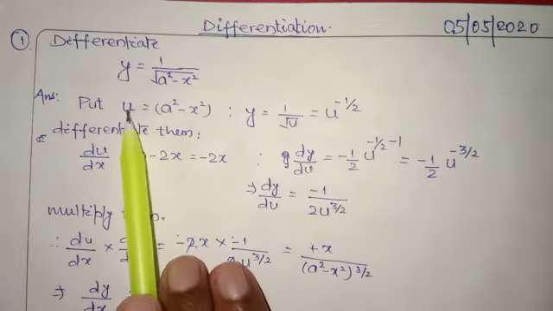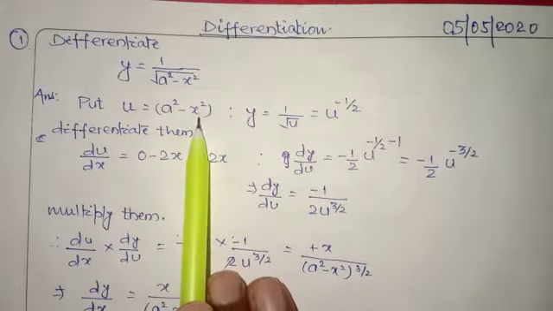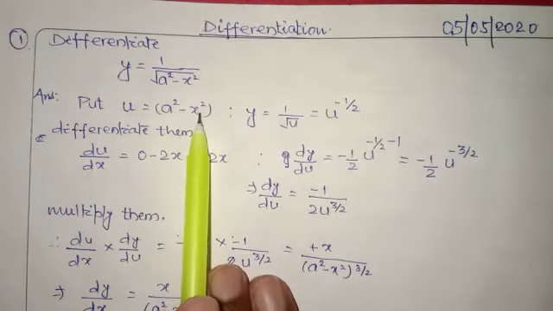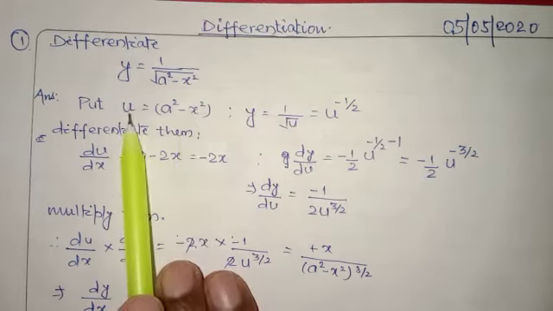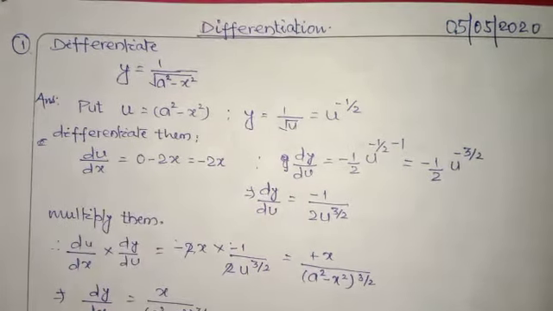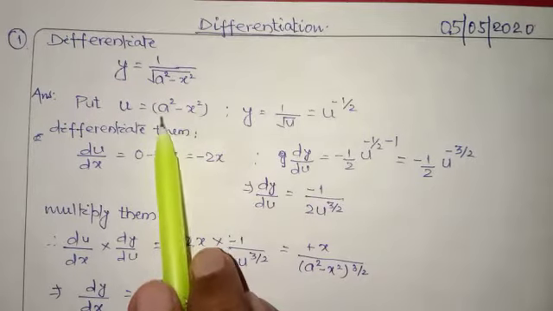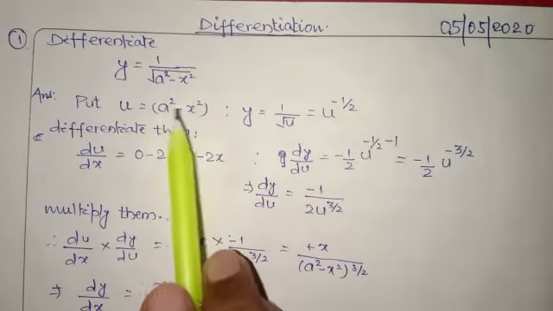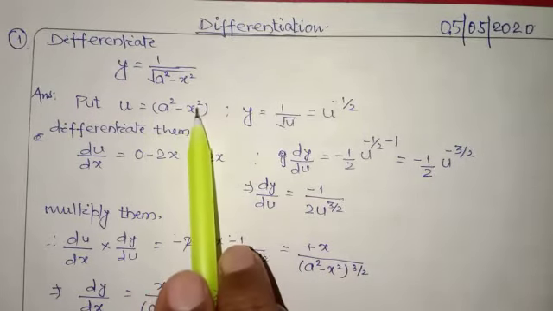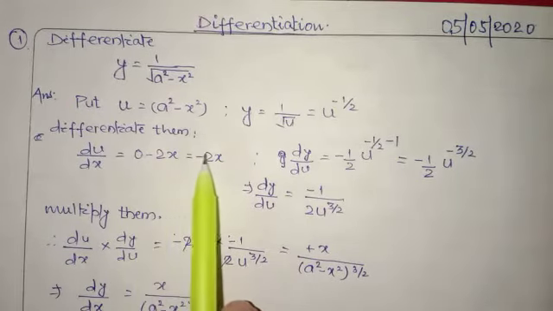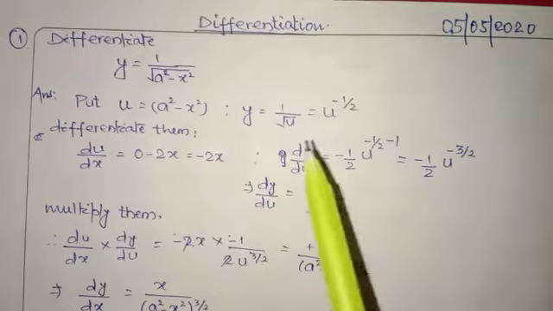Since this is a function of u and x, u is differentiated with respect to x. Hence we have du upon dx, which should be equal to, this is a constant, differentiation of a constant is 0, and differentiation of x square is 2x. So this would be equal to 0 minus 2x, meaning minus 2x.